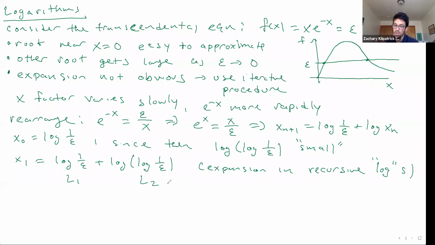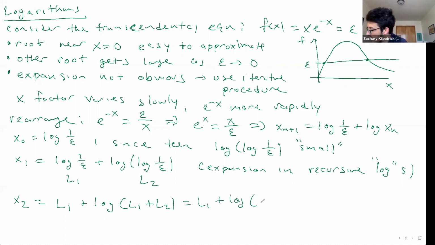In order to help with my shorthand, I'm just going to call this L1 and L2, so I don't have to keep writing log of that and log of that, okay? So let's see what we get for x2. So I get, again, my L1 there, plus log of L1 plus L2, okay? Now, if I write this out a slightly different way, okay?